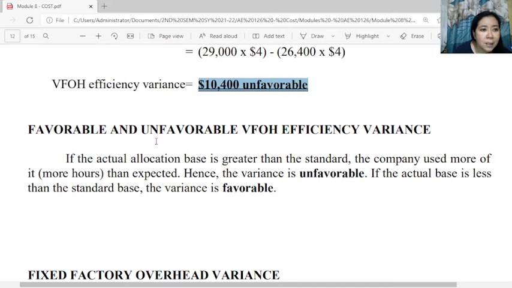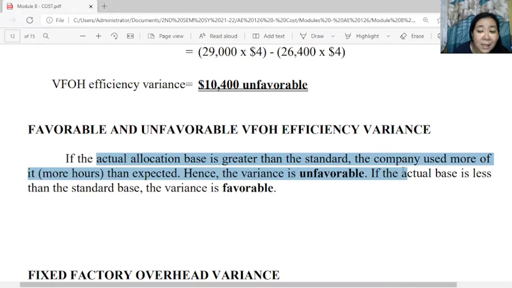So how do we determine if this is favorable or unfavorable? If the actual base is greater than the standard, meaning the company used more hours than they were expecting, the variance is considered unfavorable.